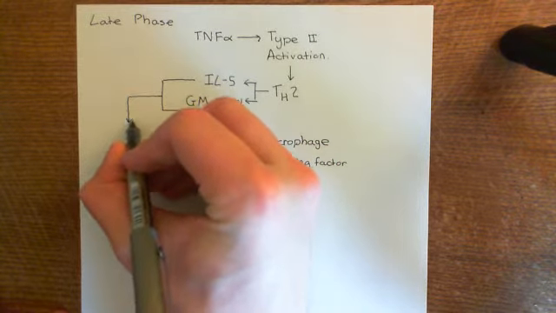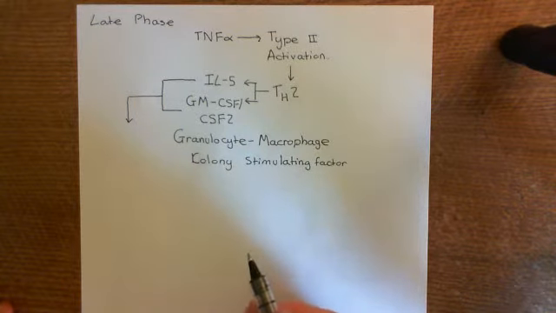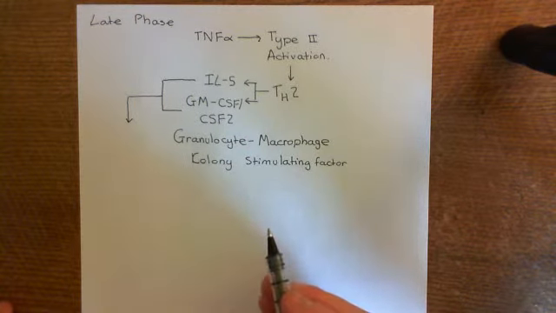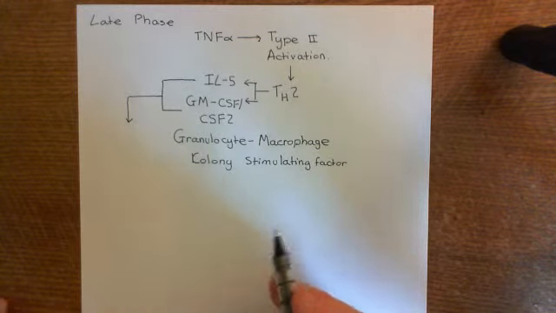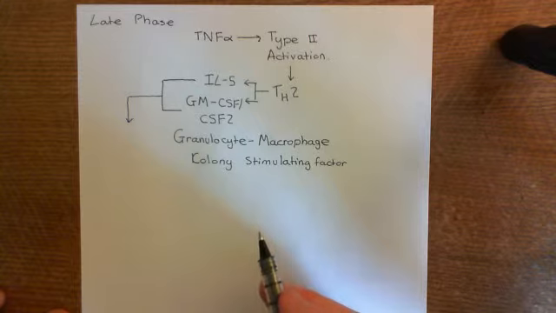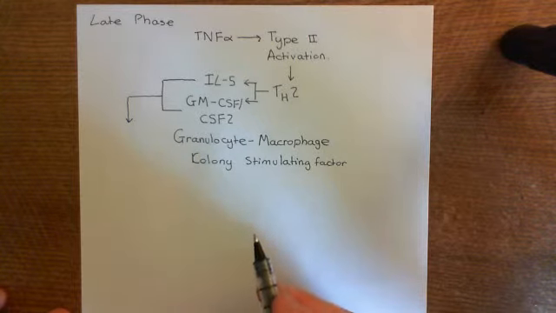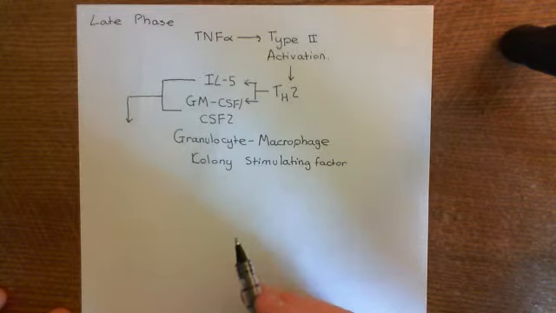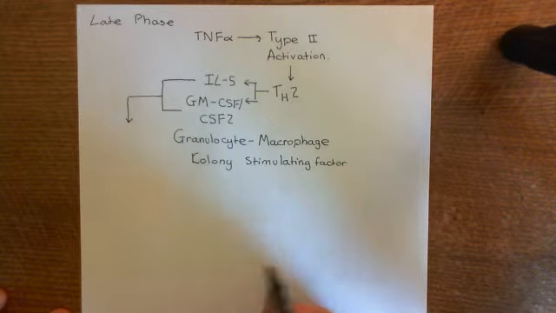Now, we're not totally sure how this leads to eosinophil recruitment. We don't know whether it acts on the endothelial cells of the blood vessels and activates them to start recruiting eosinophils, or whether it acts on the eosinophils directly. We think it probably acts on the eosinophils directly and appears to activate them so that they can now be recruited by the endothelial cells, but we don't know.